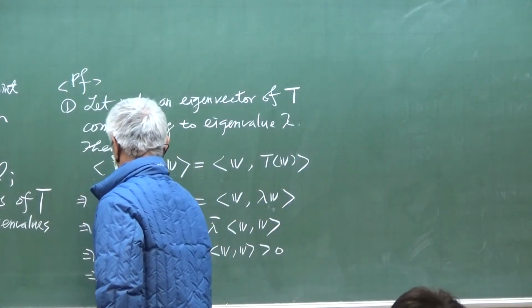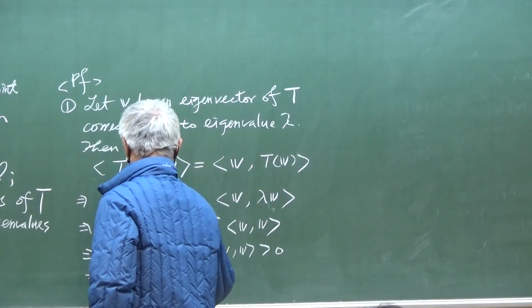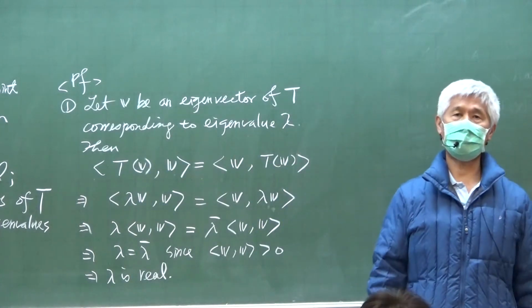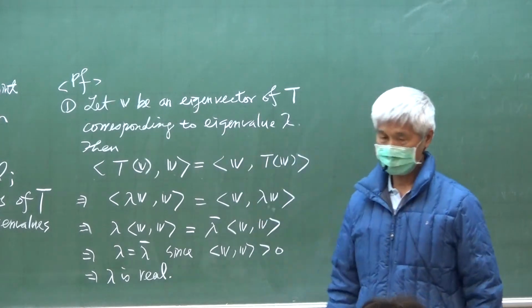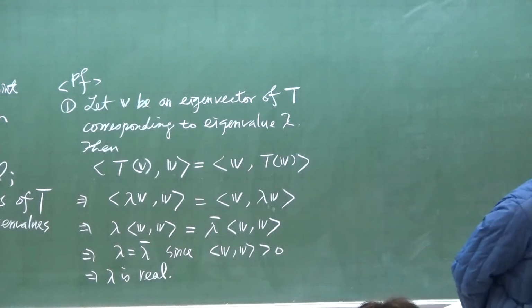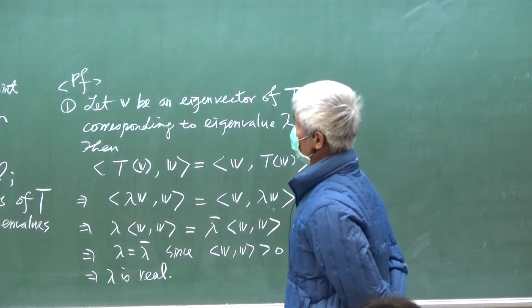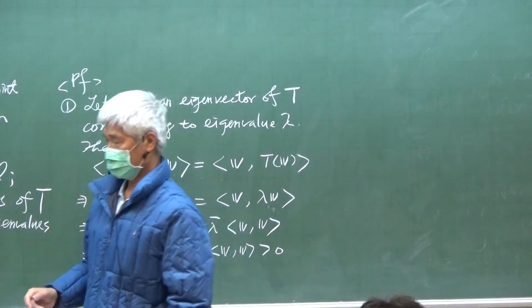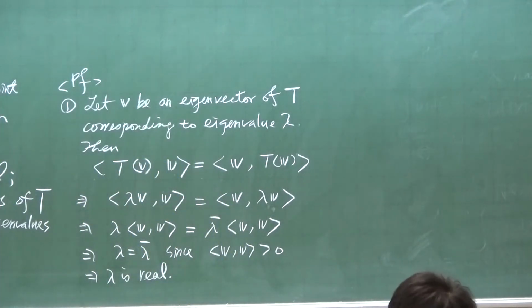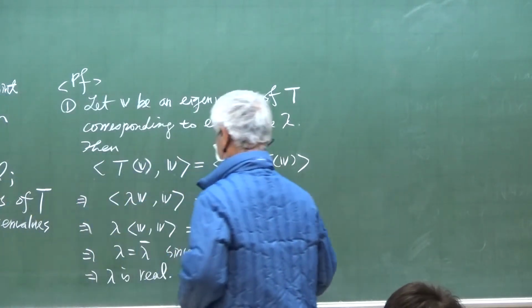So lambda is real. Okay, so we have the result: for any self-adjoint linear operator, every eigenvalue is real.